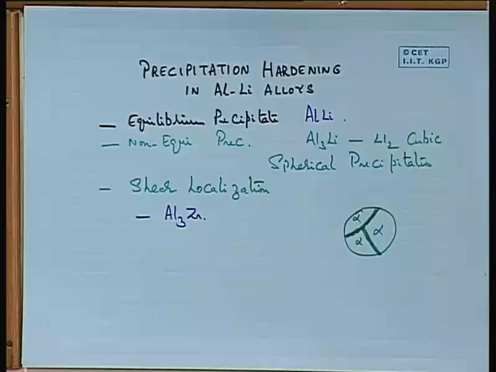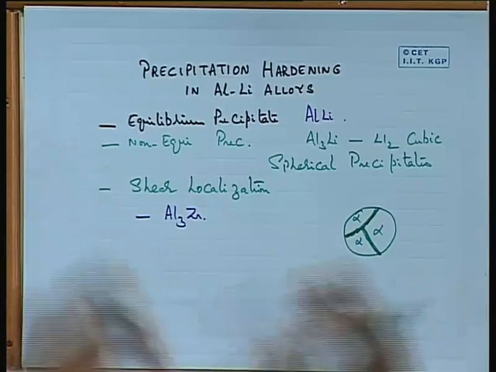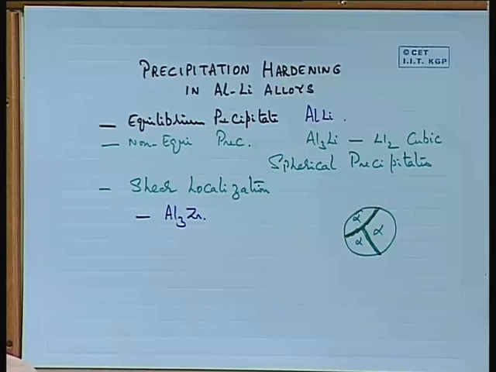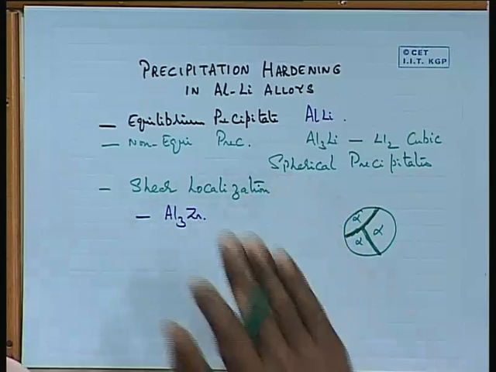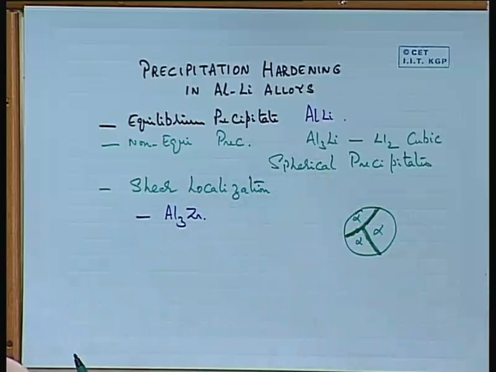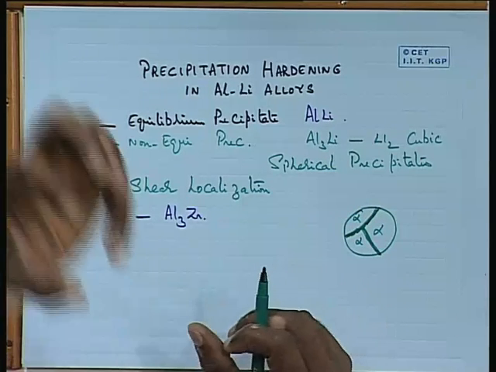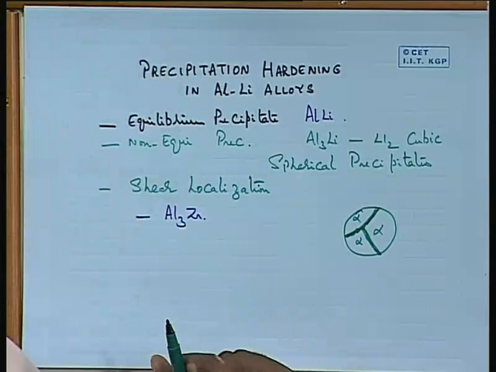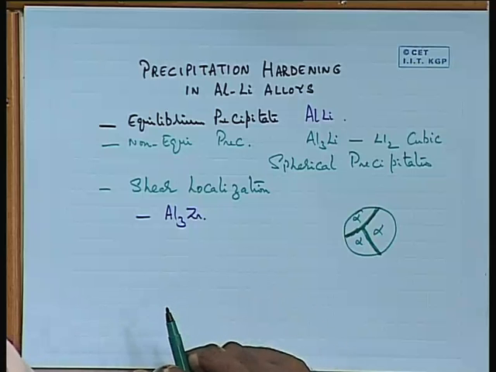Similarly, in case of these aluminum-lithium alloys also, if you cool it normally, you get the equilibrium phase. Instead of that, if you quench it and then do age hardening, you get the Al3Li precipitates. And here the precipitates are completely in the spherical form. This is another aspect in precipitation.